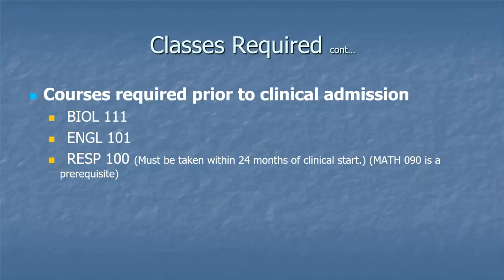But these courses must be completed by the end of the fall semester. We do accept the fall grades. So if you are currently taking Bio 111 or Bio 121, that also works. English 101 and Respiratory 100, all of that goes into the calculation of your points in the admission point system, which we will cover a little bit later.